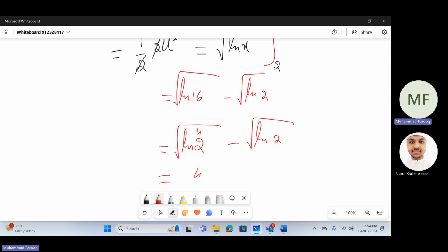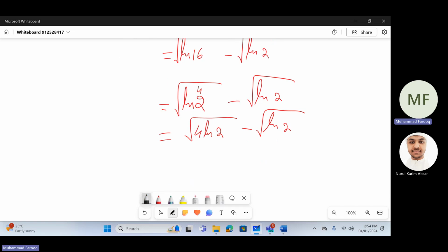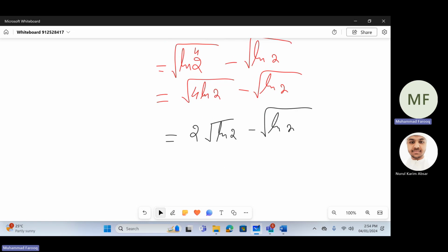So it is 4 ln 2 in the square root. What is the square root of 4? 2. If you do not simplify, use the marks, please, because the answer is this one: 2 times ln 2 minus ln 2 square root. And now ln 2 is a common factor.